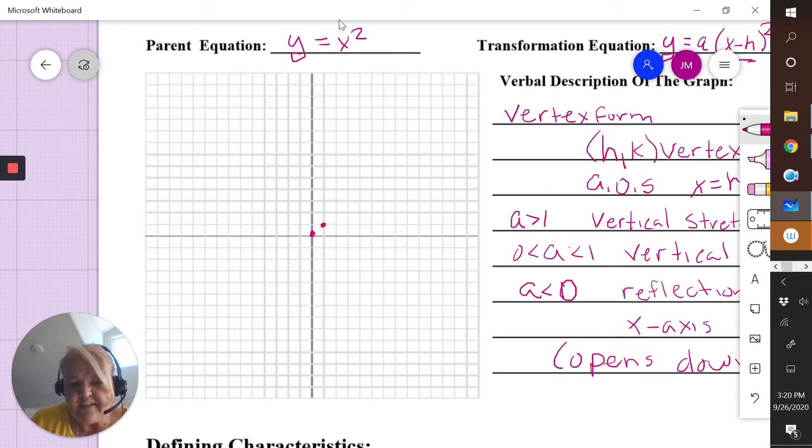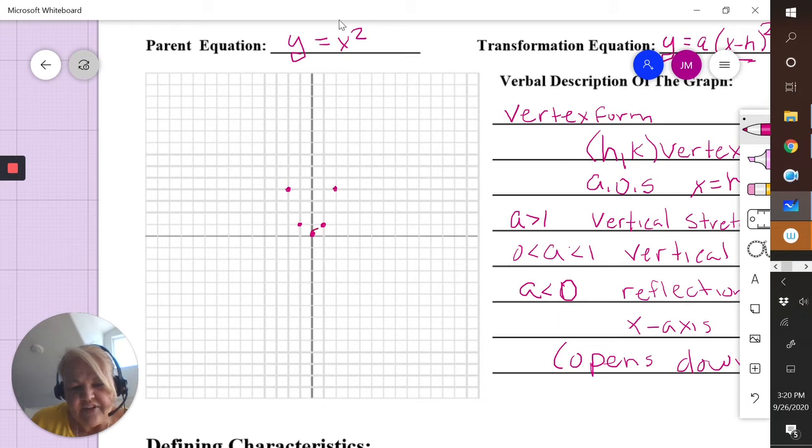If I plug 2 in for x, y is 4. If I plug negative 1 in for x, negative 1 squared is 1. If I plug negative 2 in for x, it's also 4.